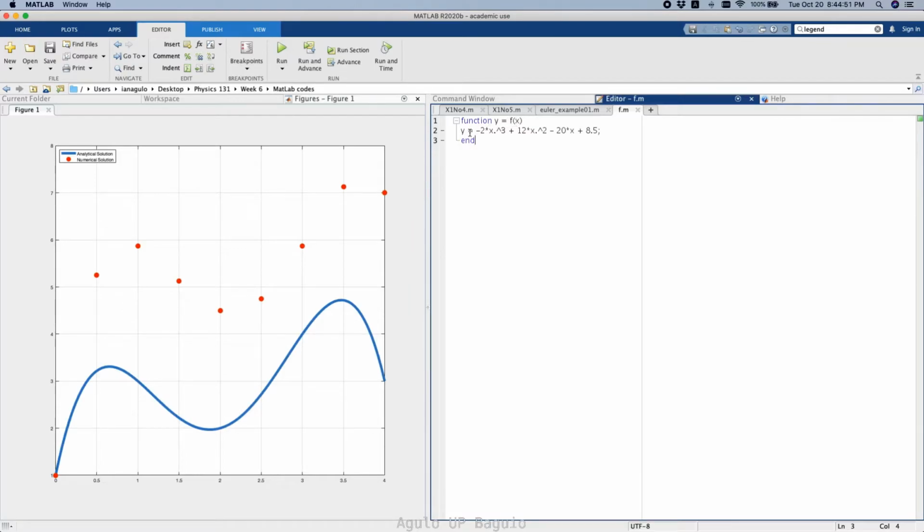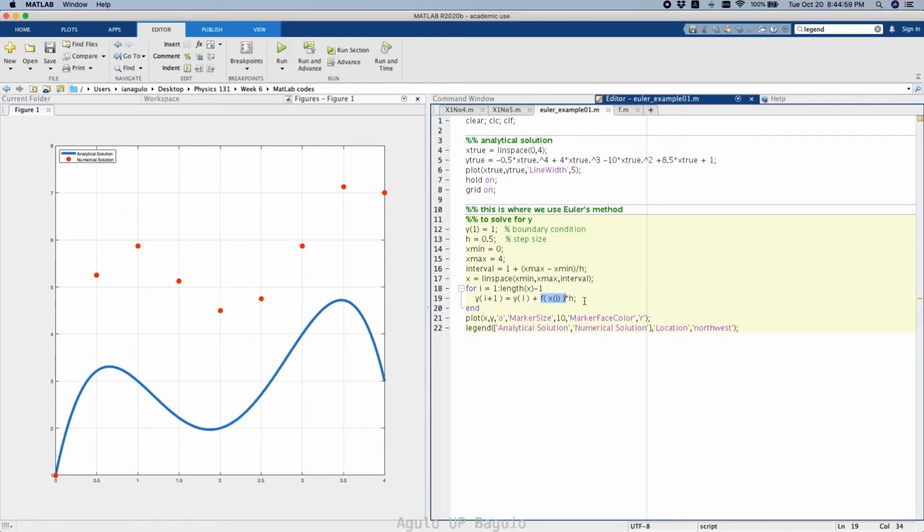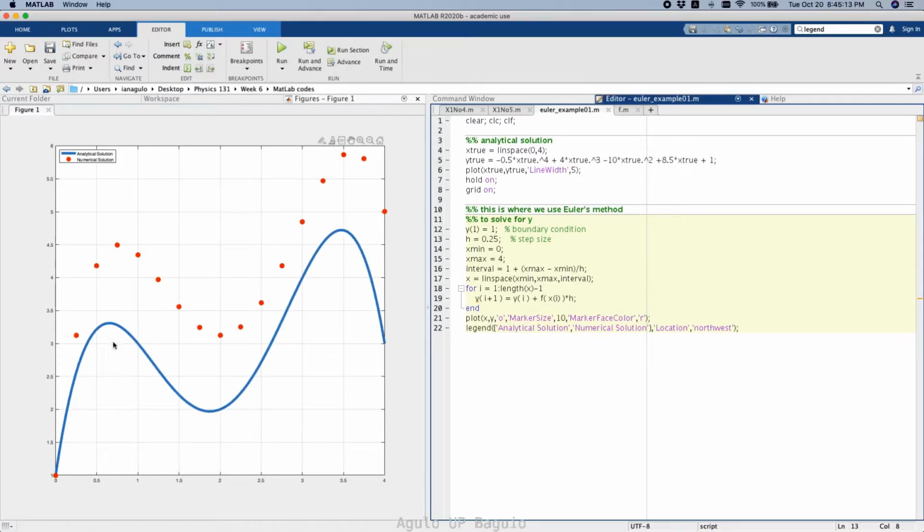So f of x is equal to negative 2 x cubed plus 12 x cubed plus 20 x plus 8.5. That's pretty straightforward, and once I run this, I get this graph. Notice that if I decrease my h value from 0.5 to 0.25 and I run it, the difference between the blue curve and the red dots becomes smaller.